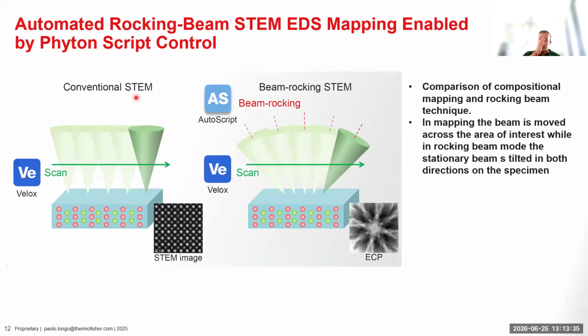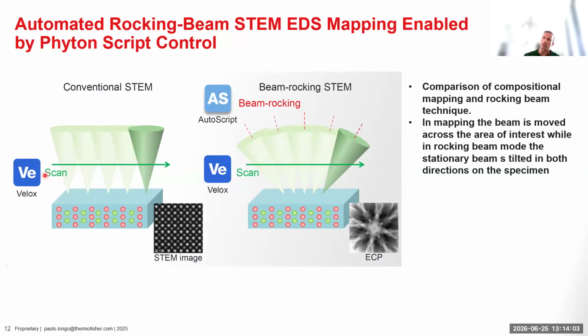Another example of an AutoScript script is essentially to try to do something that is not available in the microscope. In this case, this example is applied to some battery material. Here we wanted to look at traces down to the atomic level in a beam-sensitive material, very complicated.